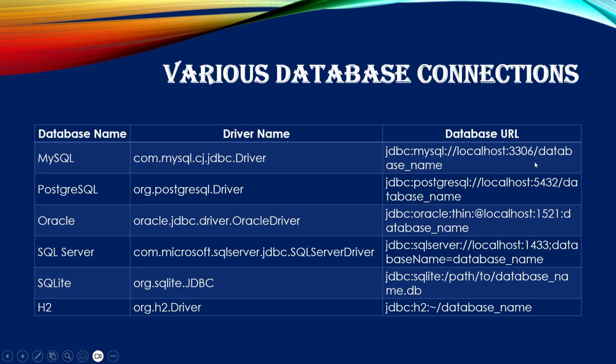And then we have the database name, or you can call it the schema name. This database name will keep on changing, and the rest of the connection URL will remain the same. Also this host name is going to differ accordingly. Similarly for PostgreSQL we have something, Oracle also we have something, SQL Server, SQLite and H2.